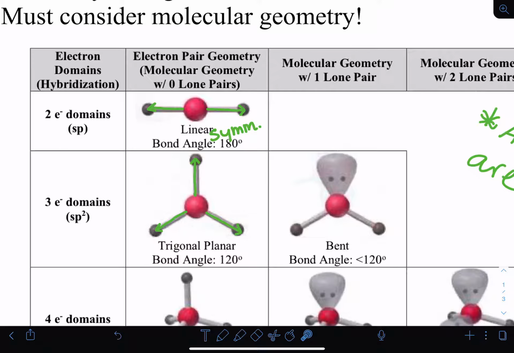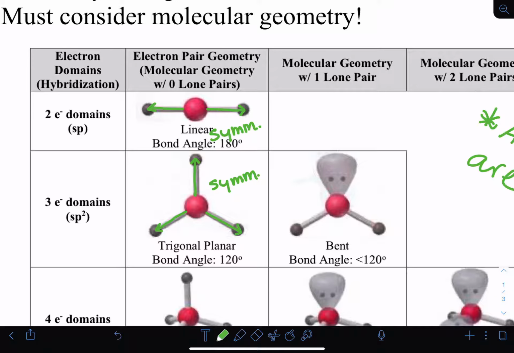So again, all of these are equally distributed around our central atom. So this would be a symmetric arrangement. If all of our bonds are the same, this would be nonpolar. If you've worked with vectors at all in math class, if your vectors add to 0, it's nonpolar. If they don't, it's polar. If that didn't make sense to you, that's fine.